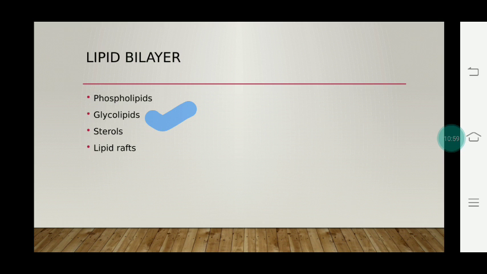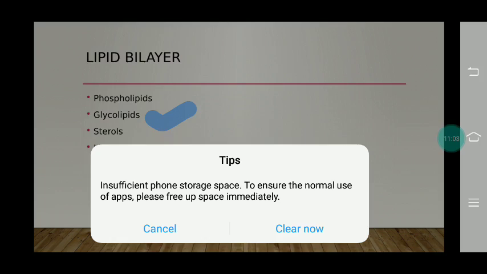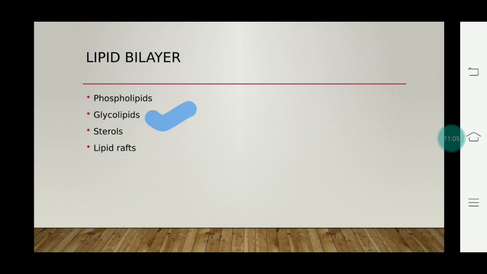Clear? Now, what are sterols? The basic structure of sterol is a steroid nucleus consisting of four fused rings, three with six carbons and one with five carbons. It's a planar and relatively rigid structure.